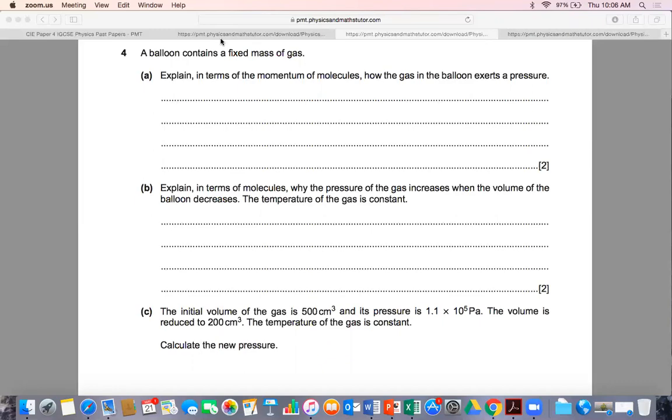Okay, continue. When volume of balloon decreases, the area of contact is smaller, while the force caused by the molecules increases.